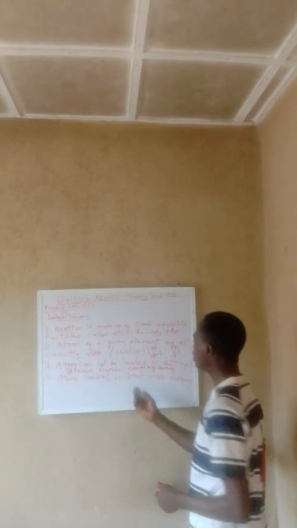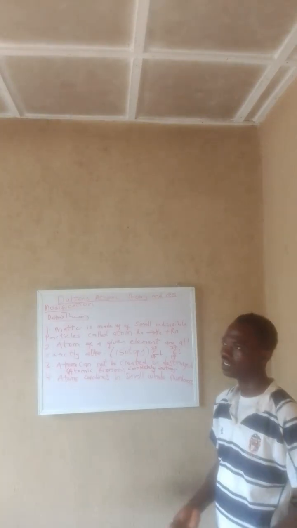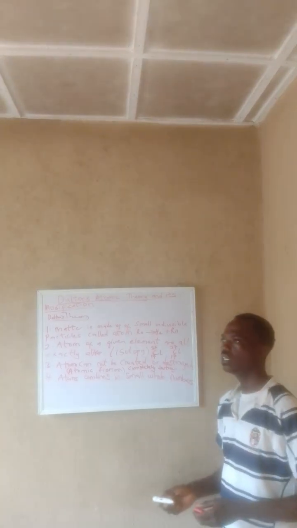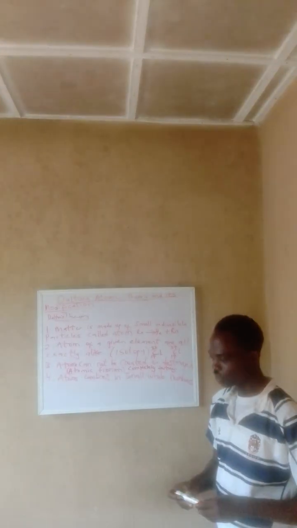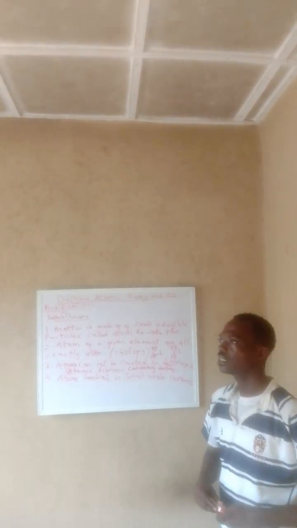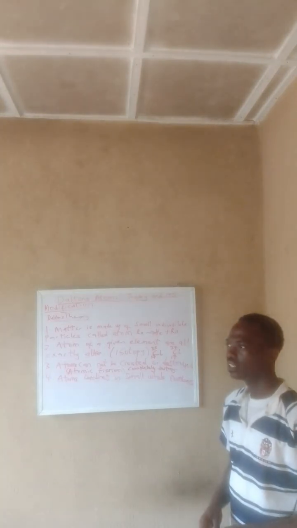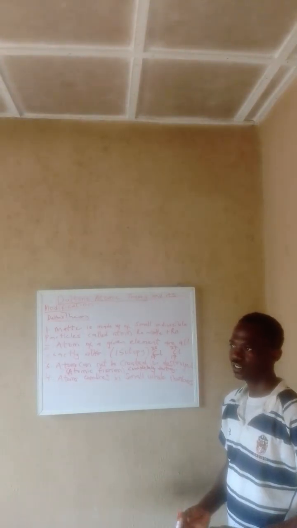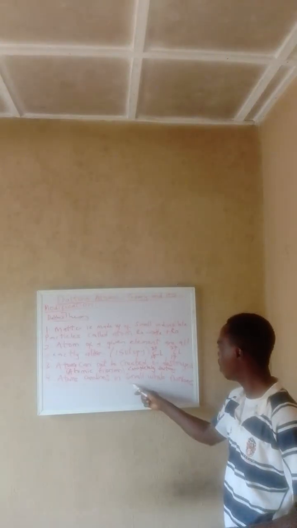And the last one, which is atoms combine in small whole numbers. When you look at this law, you see that it is only applicable in inorganic chemistry. But in organic chemistry, for example, carbon can form a very large complex organic compound. And when carbon forms these complex organic compounds, are they going to react in small whole numbers?